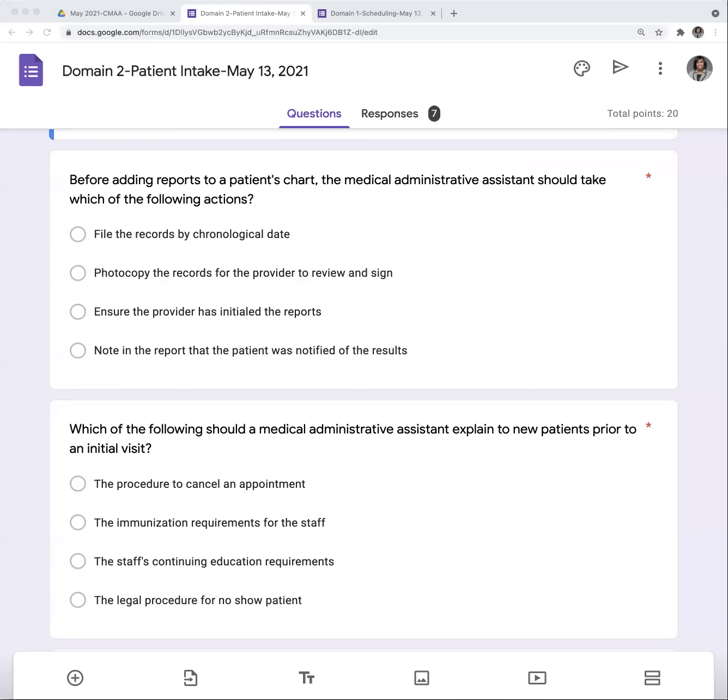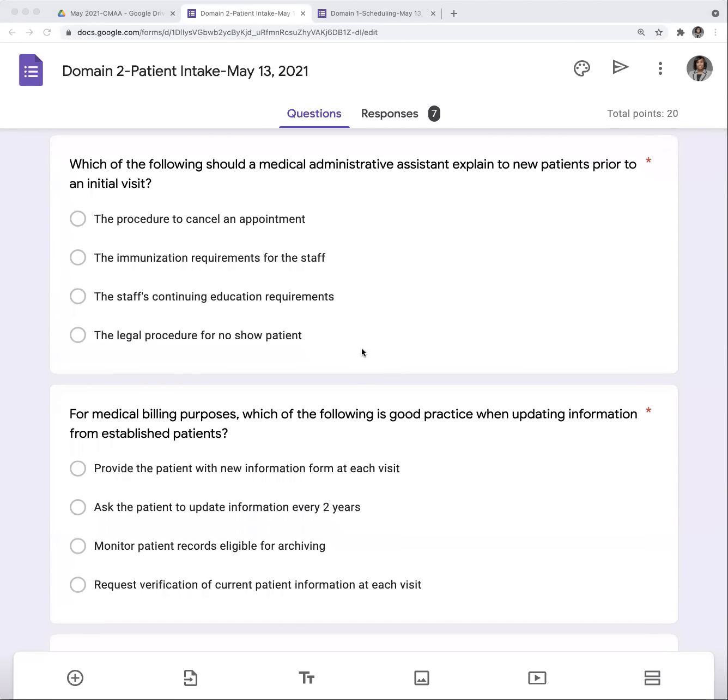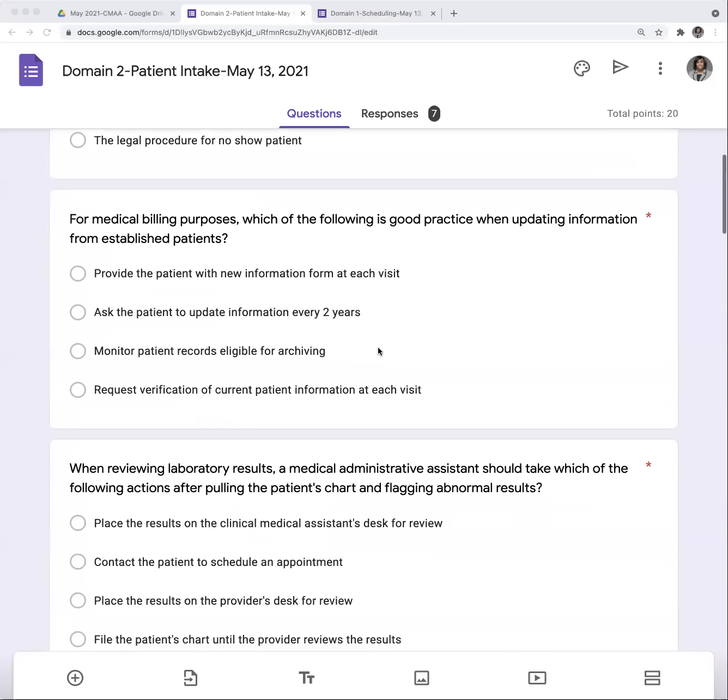All right. Next up. Which of the following should a MAA explain to new patients prior to initial visit? The procedure to cancel an appointment. That's right, or you're going to have a fee. For medical billing purposes, which of the following is good practice when updating information from established patients?